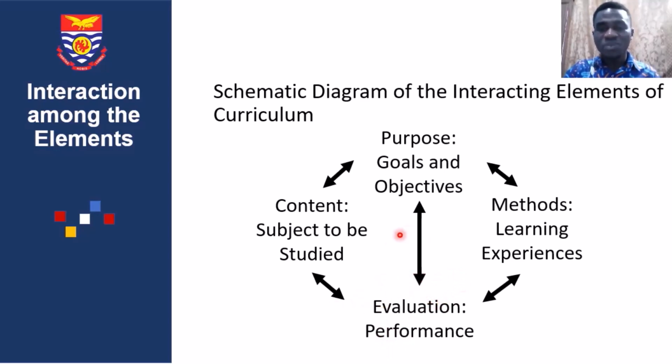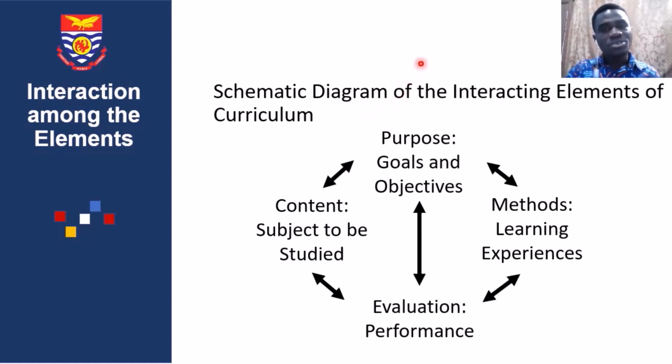Then the evaluation will now tell us whether the goals and objectives have been achieved. Or we can continue. Based on the evaluation, we will now select content that is appropriate for the learning experiences. And the content will also tell us whether the goals and objectives have been achieved.